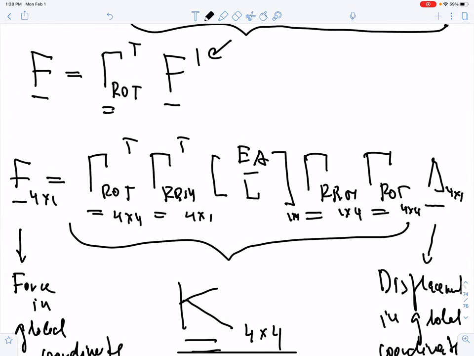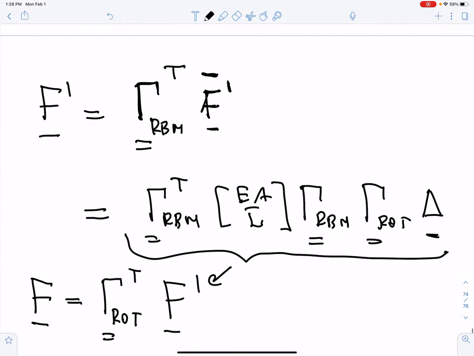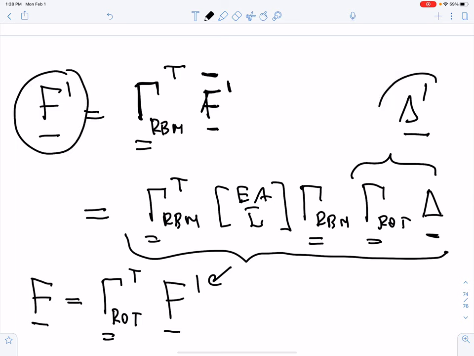Let me take a step back. We also have another object that emerges here. I have f prime, and then gamma ROT times delta is going to be delta prime. So we have another relationship that relates forces in a local coordinate system to the displacements in the local coordinate system. That object is given right here.